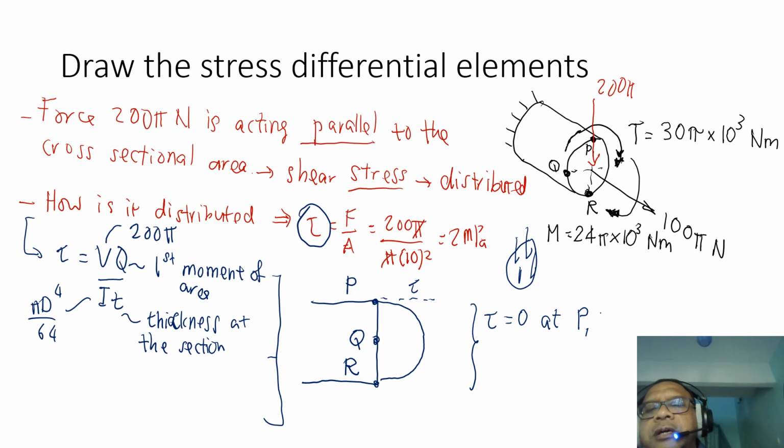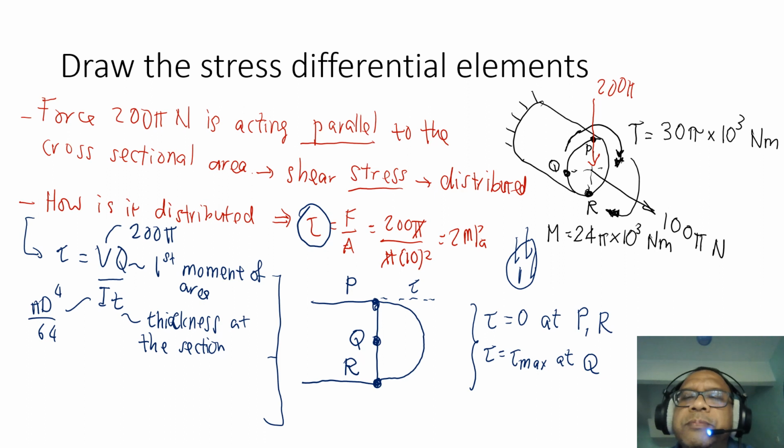So at P and R, tau is 0. And tau equals tau max at Q. Yeah. So how does it look? How do you draw the shear stress distribution at P, Q, and R? It is going to be quite tricky because the stress is shear stress.